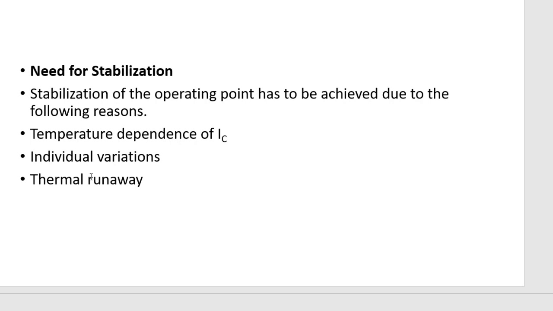This power dissipation generates heat in the collector region. As a result of this heat, more and more minority carriers are generated. So more minority carrier current is obtained, which in turn increases the power dissipation. So this is a cumulative process.